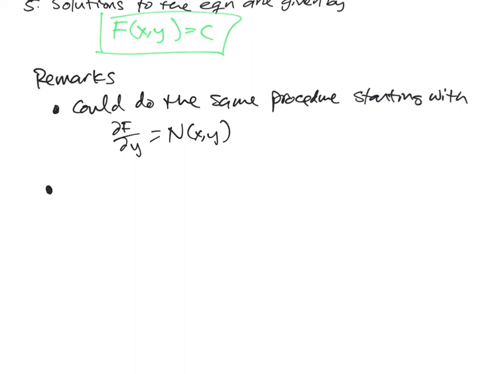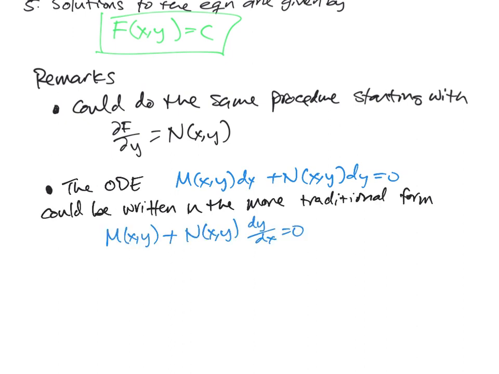And then the second remark is that the ODE, the ordinary differential equation, that is written in this kind of differential form, M of x,y dx plus N of x,y dy equals 0, you might instead see like this. So you might see that equation written in a more traditional form where you have your derivative looking like the normal thing.